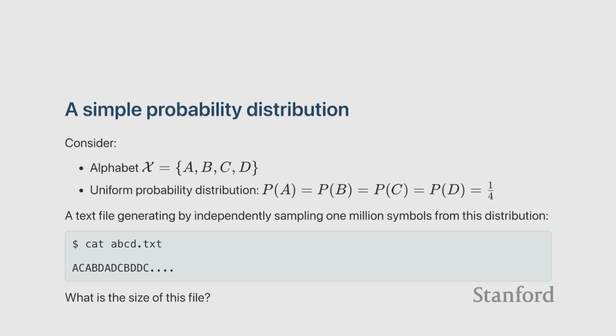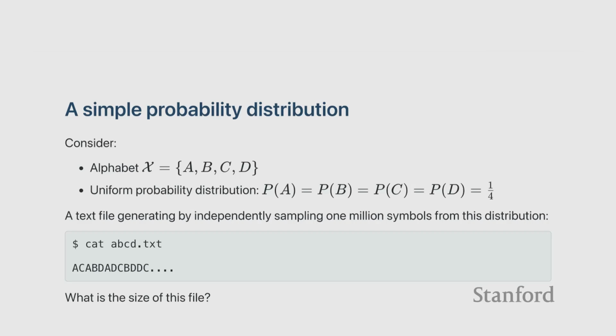Okay, so let's get started with a very simple setting. You have an alphabet. Every probability space usually has an alphabet, right? So here the alphabet is just A, B, C, D. You have just 4 symbols in your alphabet. And we have a very simple distribution. All of them are equally likely, so each of them has a probability of 1/4, right?